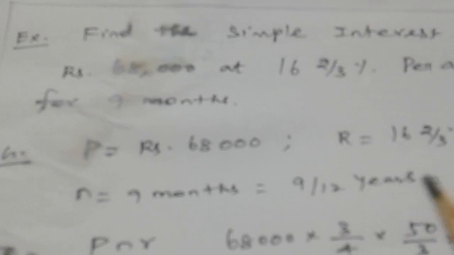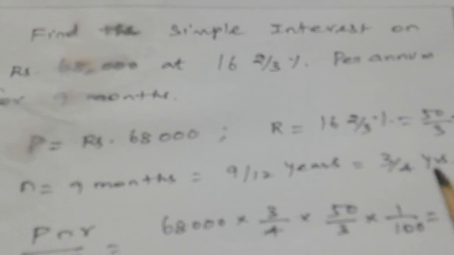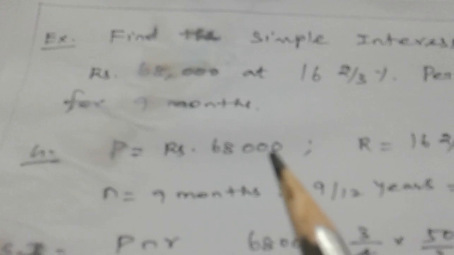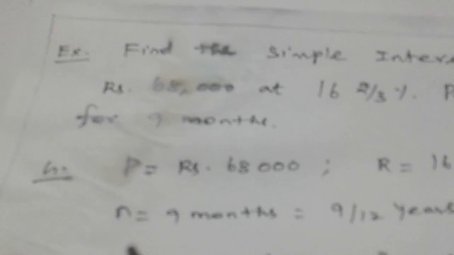We write it in years, that is 9 divided by 12, which simplifies to 3/4 years. So we know that P is 68,000 rupees, R is 50/3%, and the period is 3/4 years.